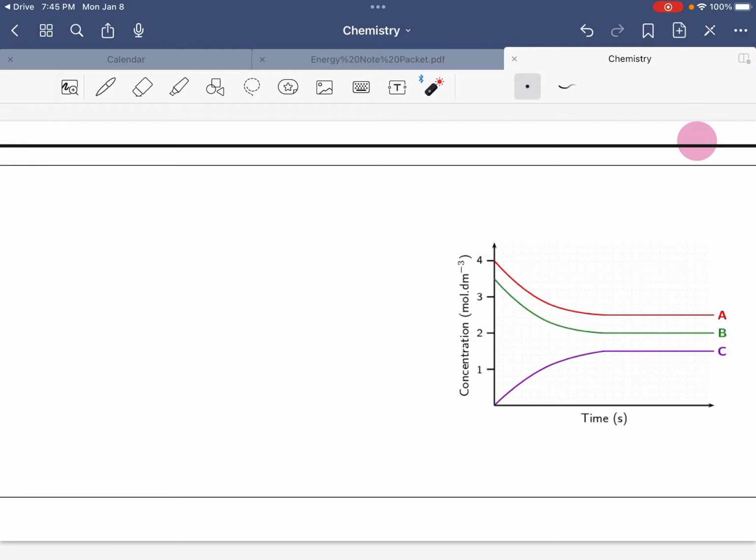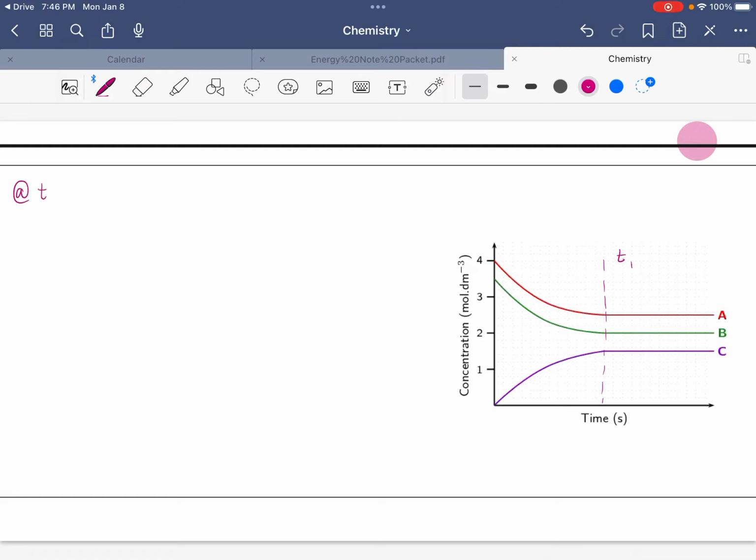Notice that A and B both drop in concentration over time, whereas C is increasing. We hit this point, about here, and we'll call this T1. At T1, we notice that the concentrations stop changing.